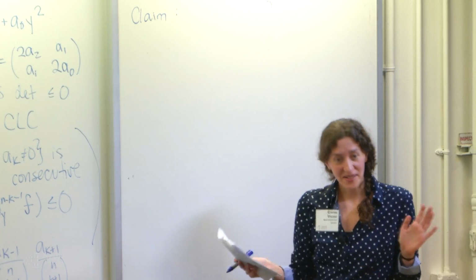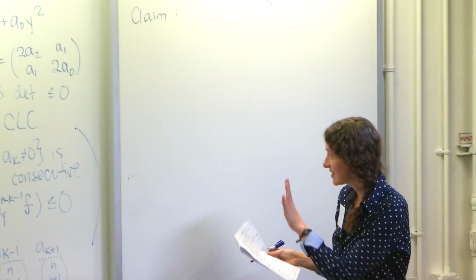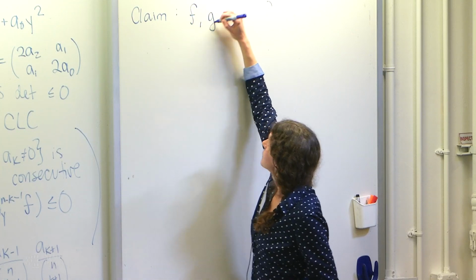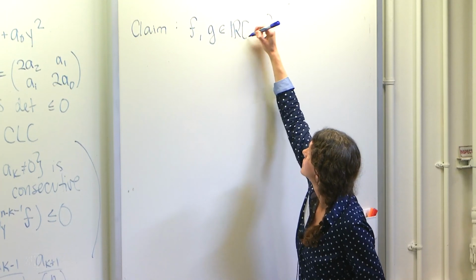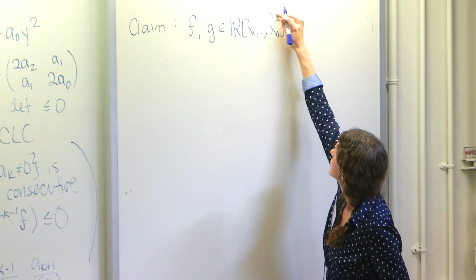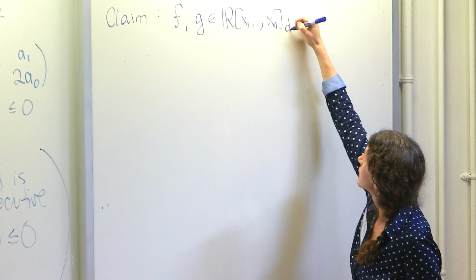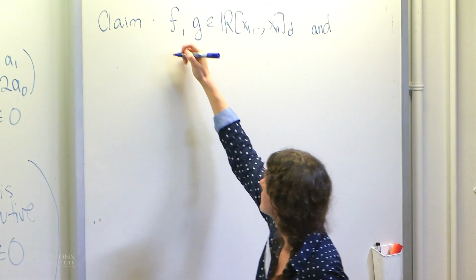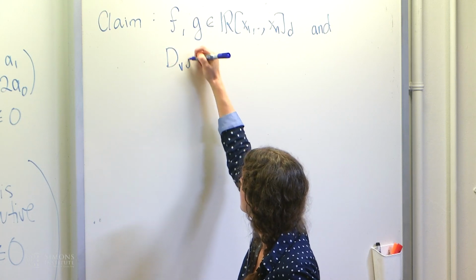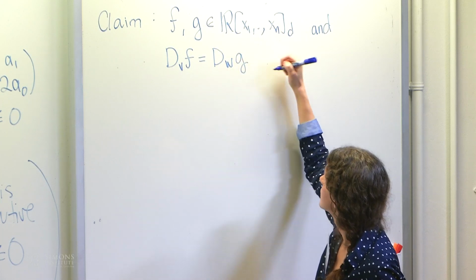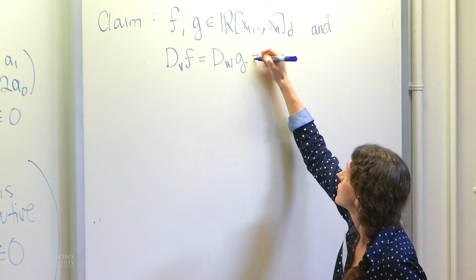The closest, a baby step towards doing that, is: suppose you have two polynomials of the same degree, and they have a common derivative, which is non-zero.